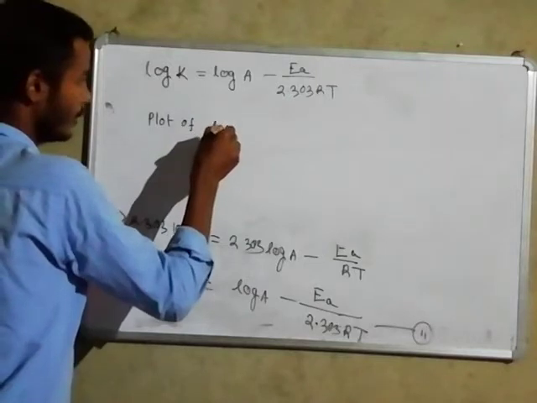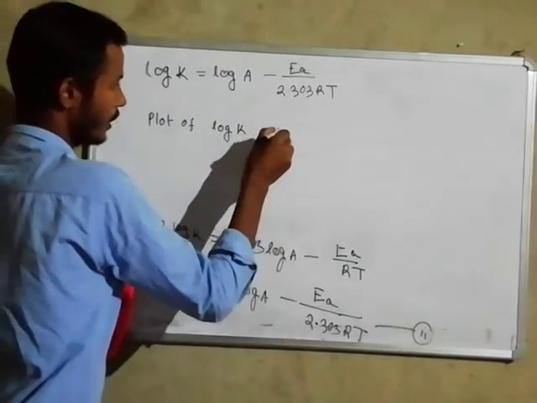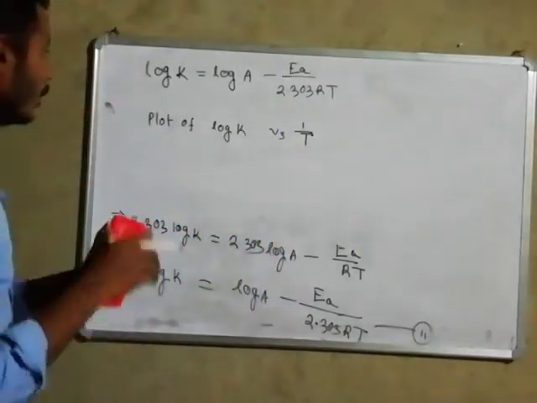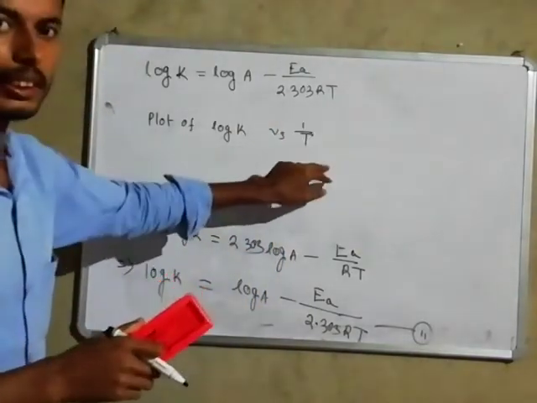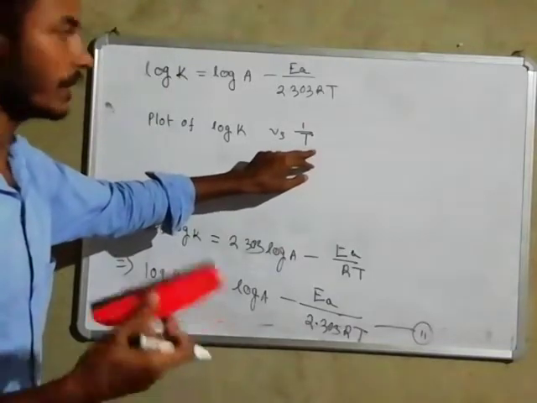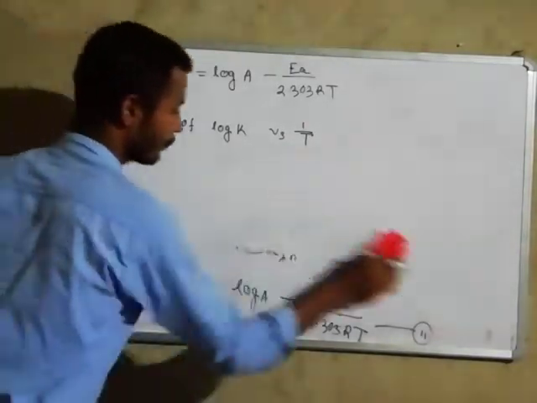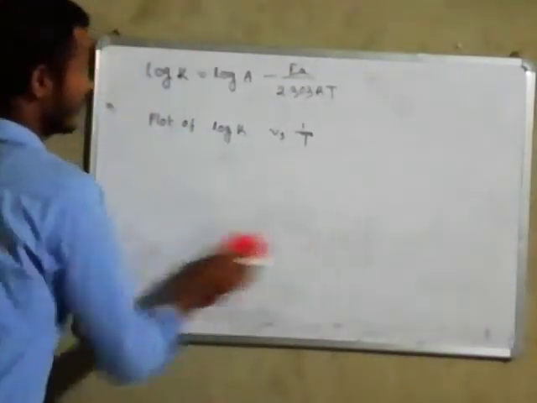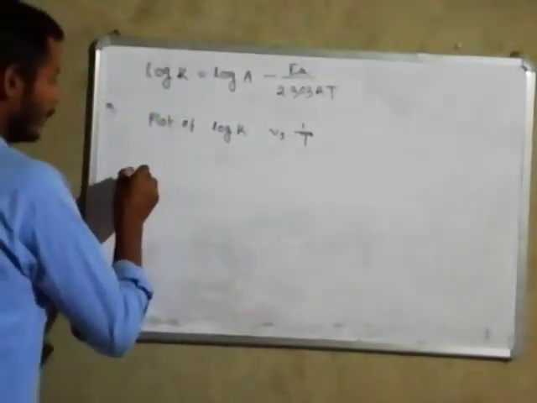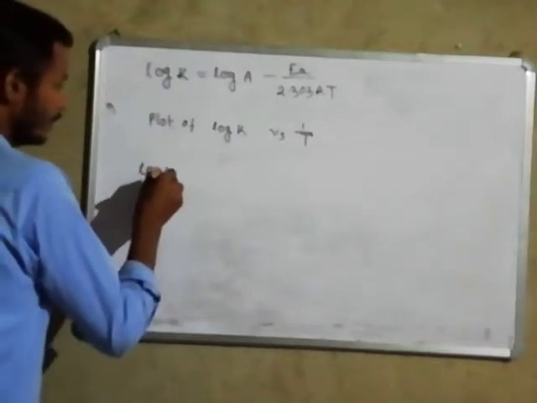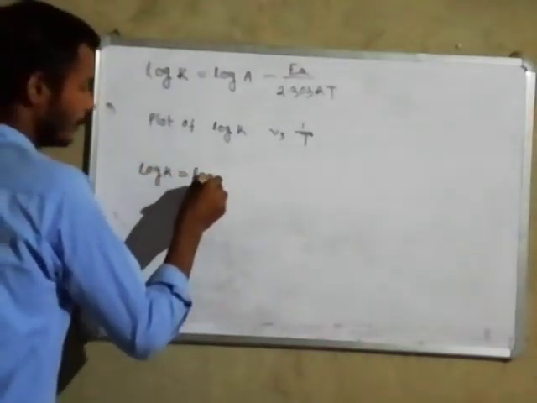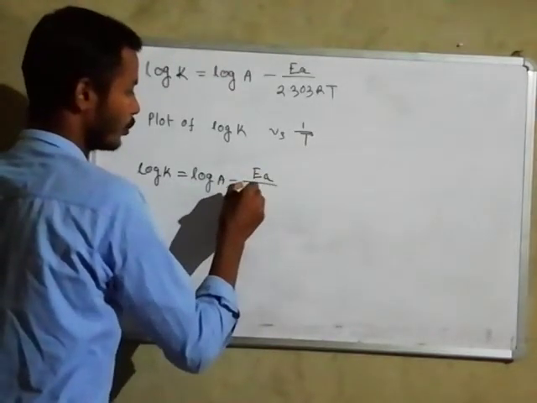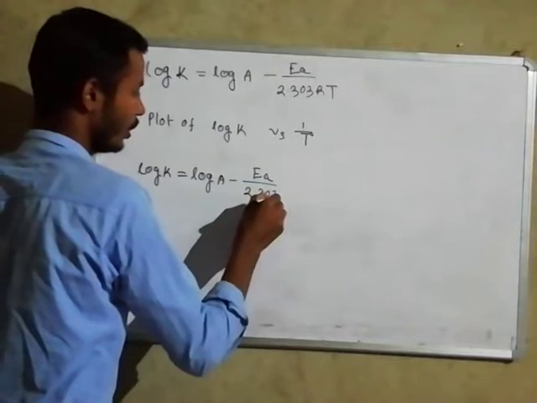log of K versus 1/T. Draw the plot of log of K versus 1/T. T means temperature. So how can you do that? Now you have got log of K is equal to log of A minus EA divided by 2.303 RT.